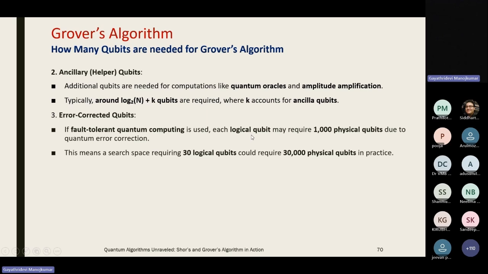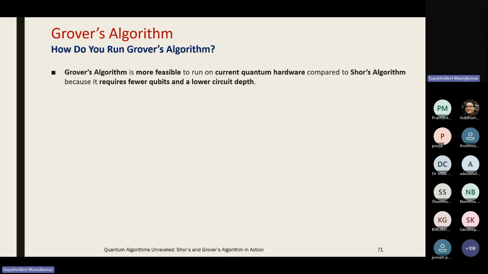As I said already, one logical qubit will be equal to about 1,000 physical qubits with quantum error correction. This means that for a search space we need about 30 logical qubits, which needs many physical qubits in practice.